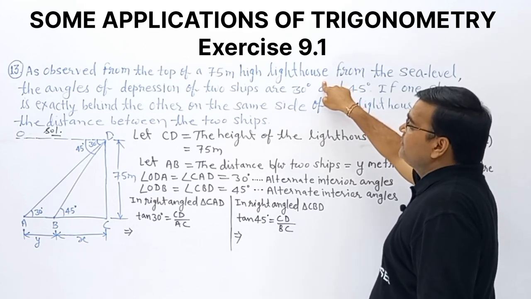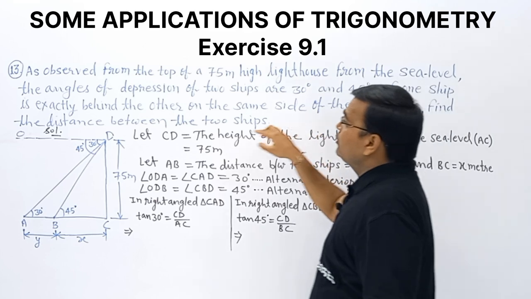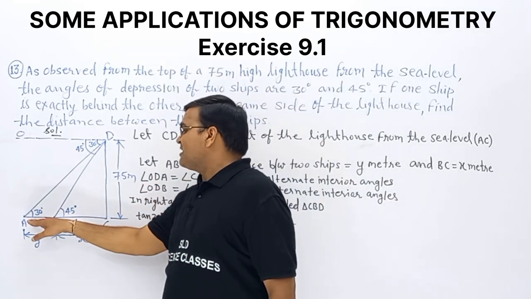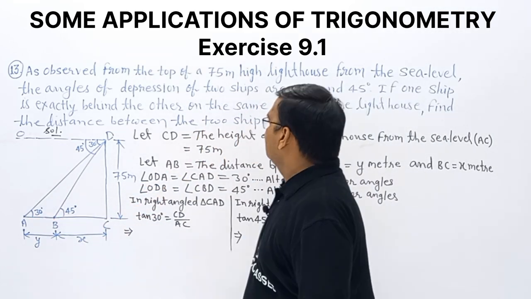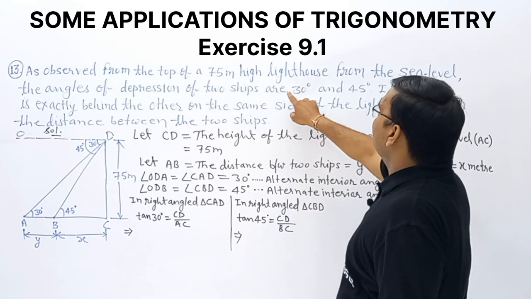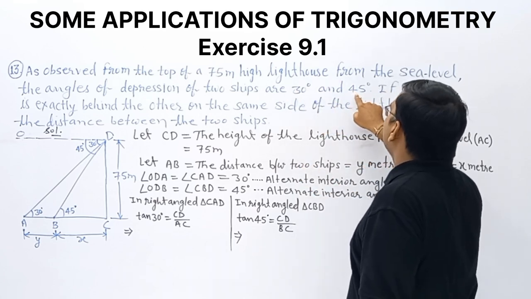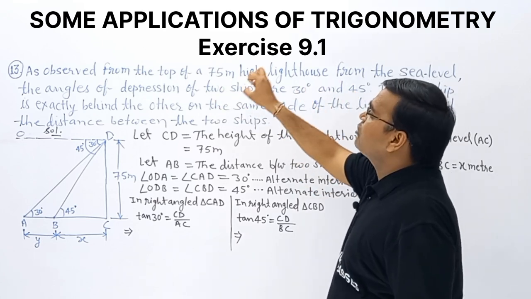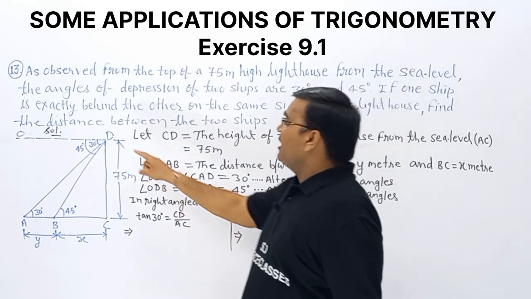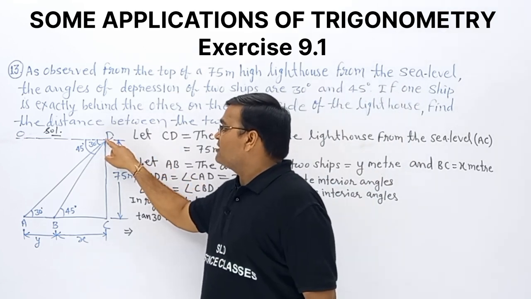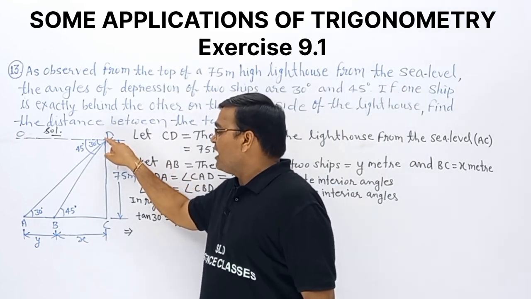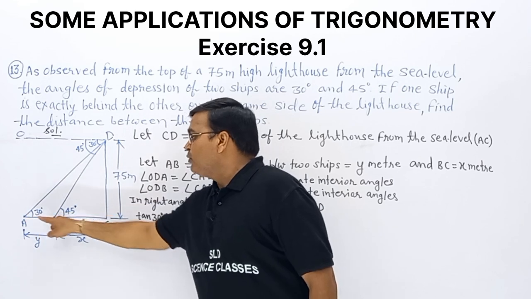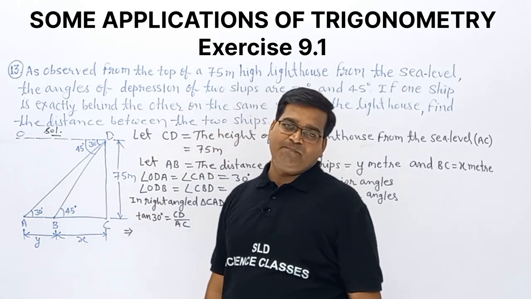We are observing two ships, which have 30 degree and 45 degree angles of depression. From the top, we observe the two ships at the sea level. Clear?